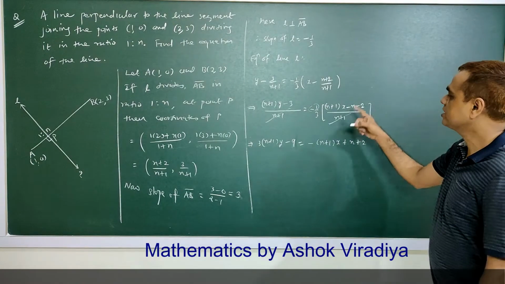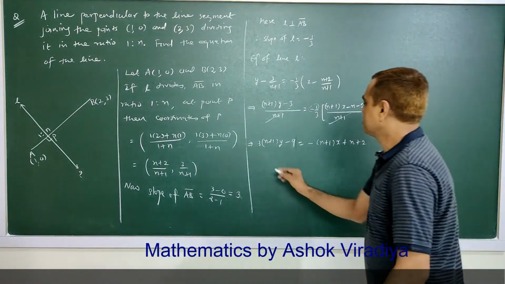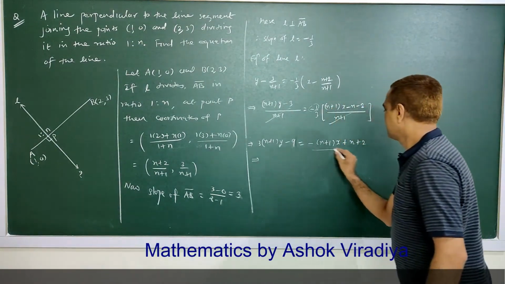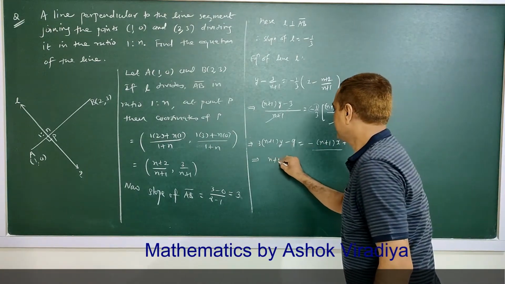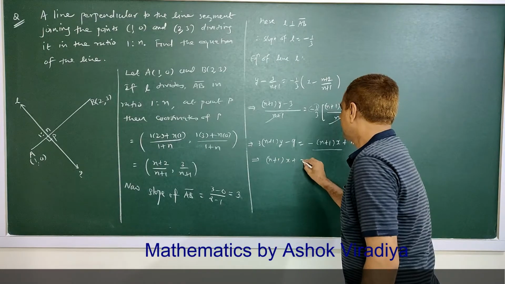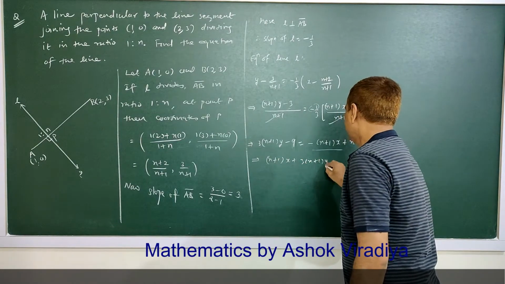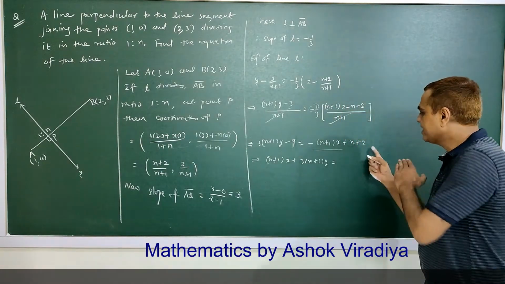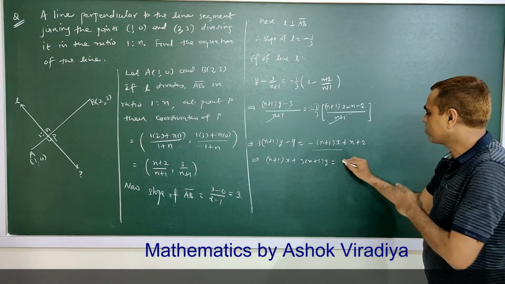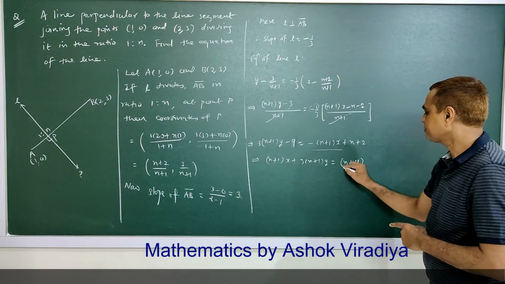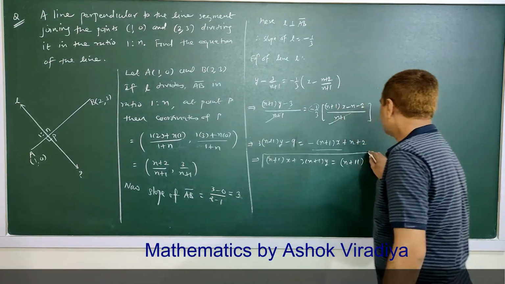So minus 1 is multiplied on the right hand side. That means this term is negative, I am taking it on this side. So (n plus 1)x plus 3(n plus 1)y is equal to minus 9, taking on this side plus 9, 9 plus 2 is 11, so n plus 11. So this is the required equation.